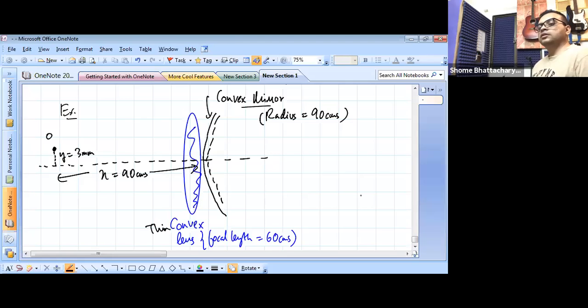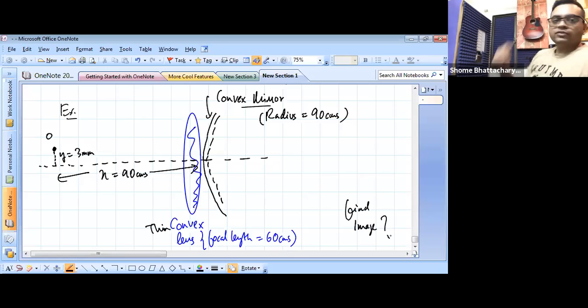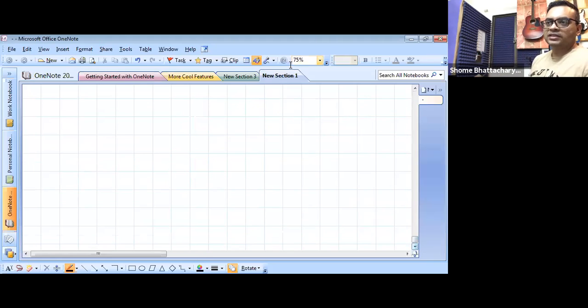Thickness does not matter. So we have to find the image position. As you can see, solving this without the formula becomes very lengthy. We have to solve for refraction through the lens, then reflection by the mirror, then again refraction through the lens. But if we convert this to an equivalent system, then it becomes very easy. So let's solve it by that first, and then we'll show how to solve it by the other method also.